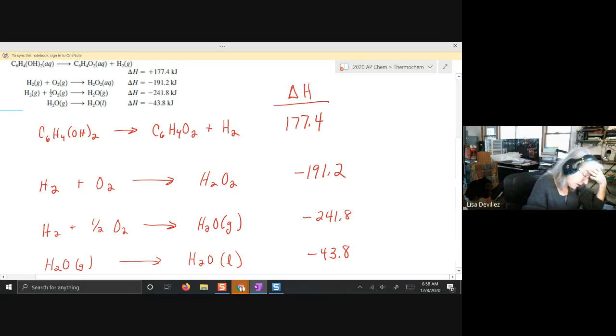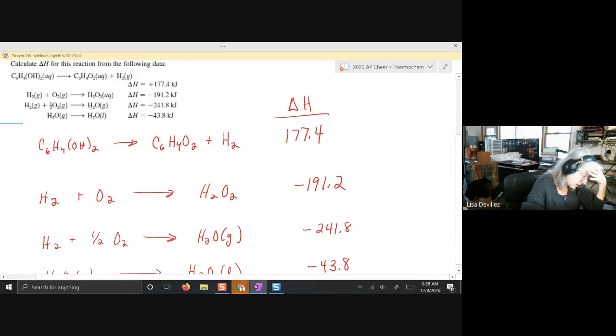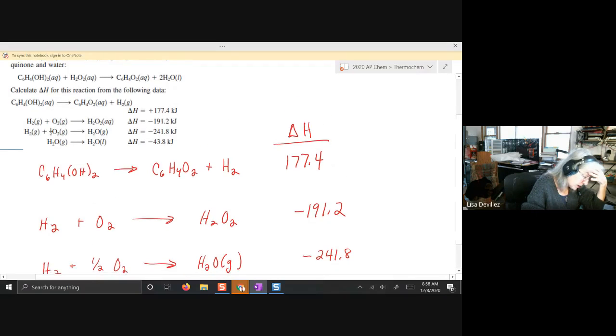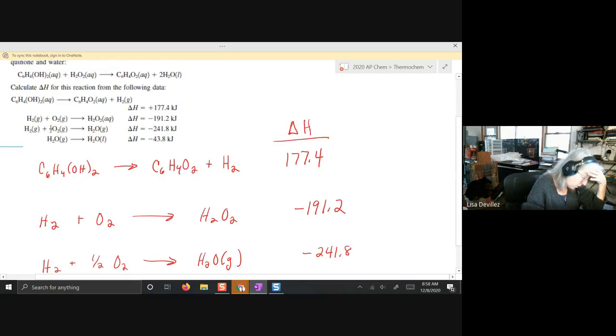Okay, so let's get this equation that I want. I want one of this, and it's only in that one equation. So this first equation, I've got to keep it like it is because it gives me that, and it also gives me this in the correct position.